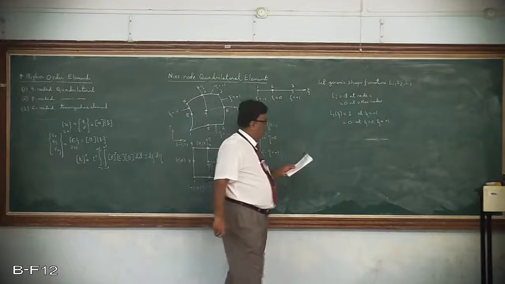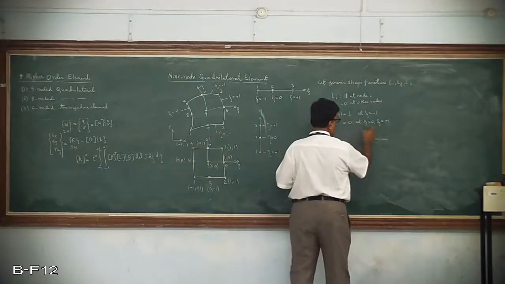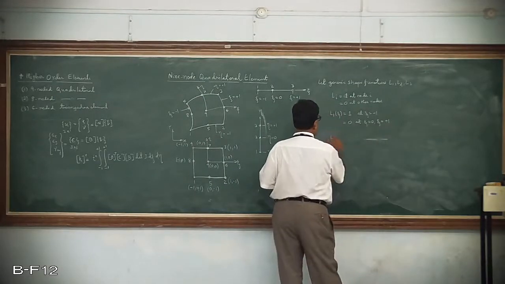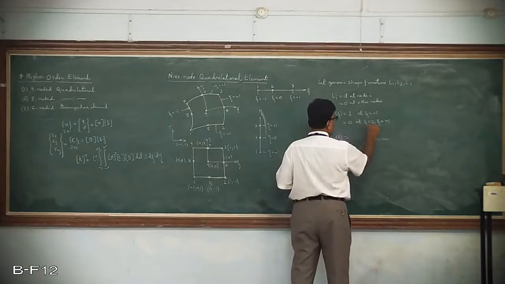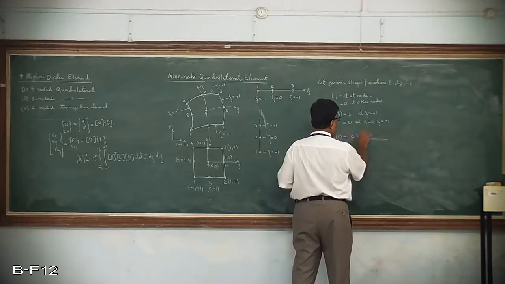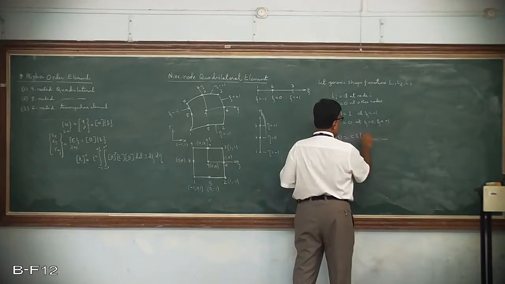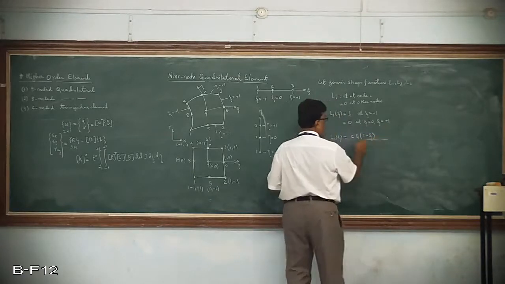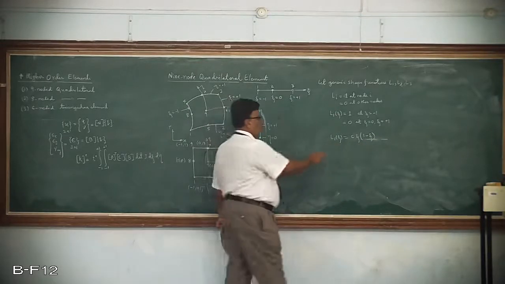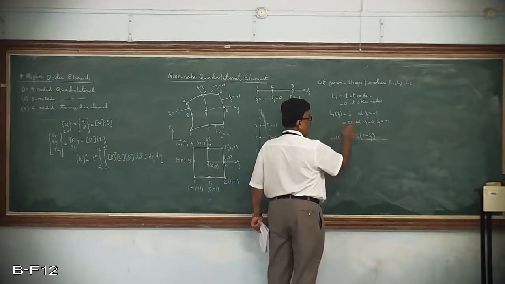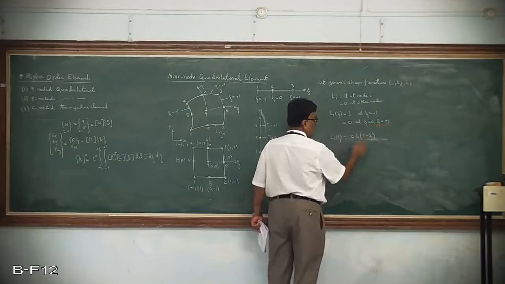If I want to satisfy this, L1 of zeta must be of this form: if you put zeta equal to 0, it has to be 0, and if I put +1, it has to be 0. Then only this L1 will become 0 at 0 and at +1.